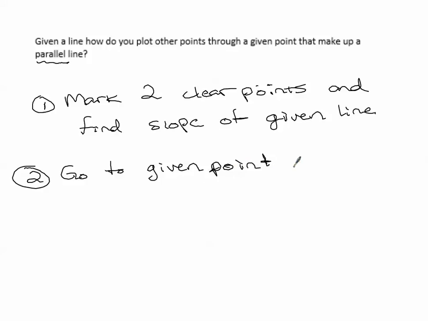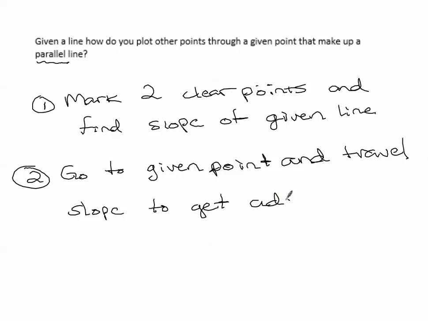So go to the given point and just travel the slope, rise over run, to get additional points. At least one other or 2 other points. Additional just means more points. Once we have 2 points, we can draw the line, but it may ask us for more than 2.